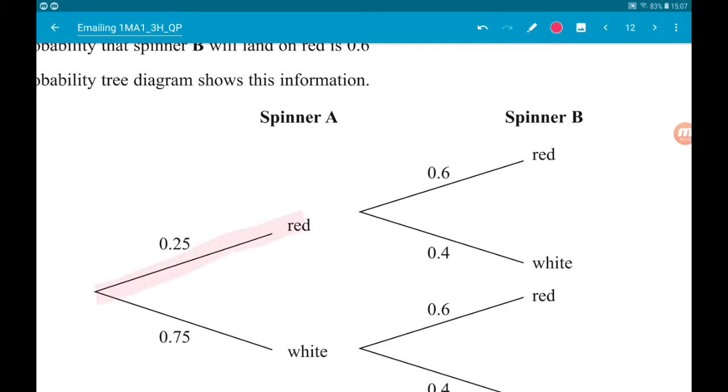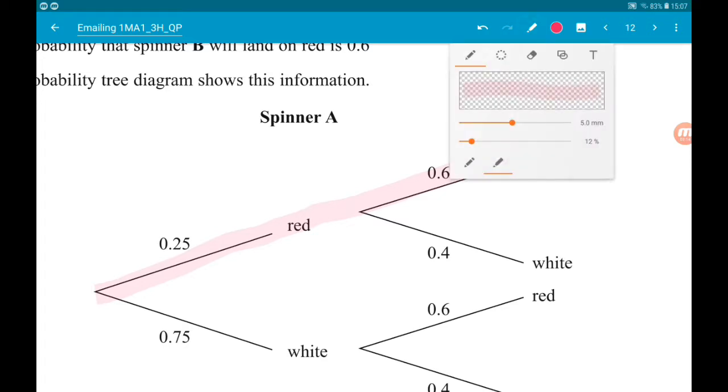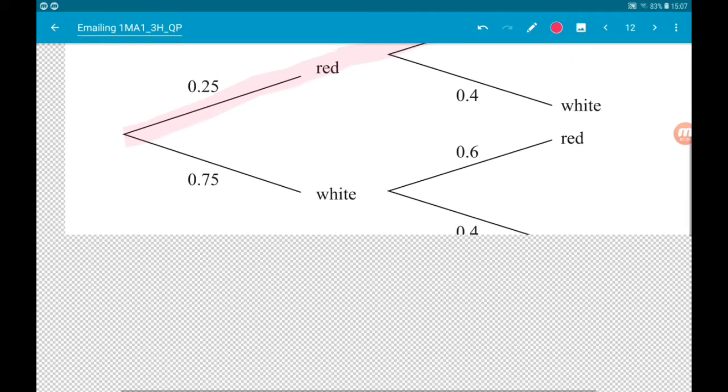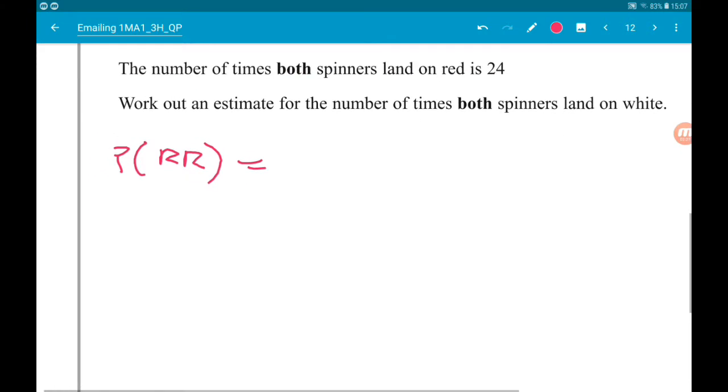So we're going red and then red. So we are doing 0.25 times 0.6. Now that will give us 0.15.